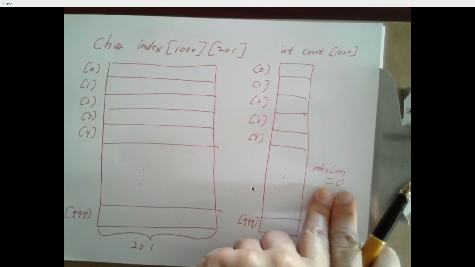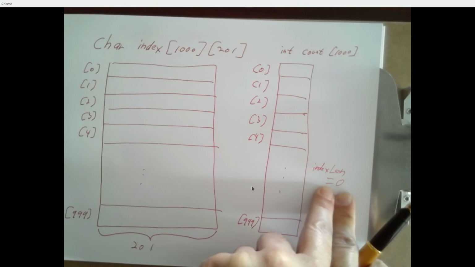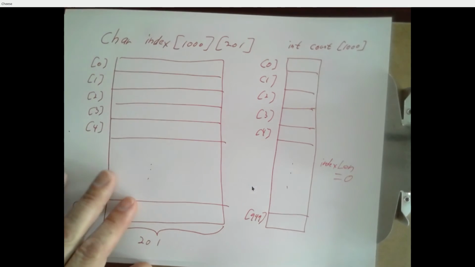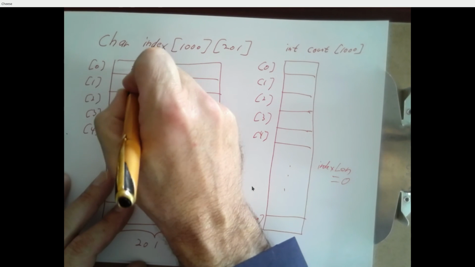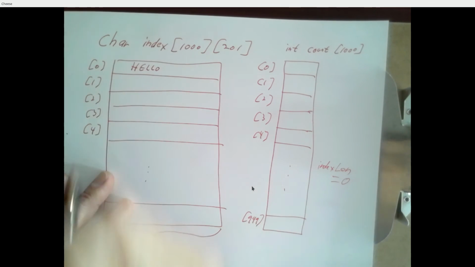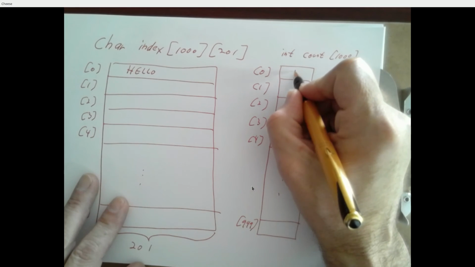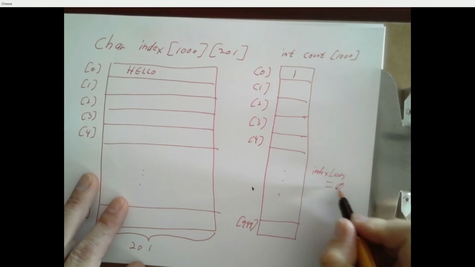This tells me there's nothing in my index. It tells me the next phrase I store should go at location 0. So if I've got the phrase hello and I just called save phrase hello, I look at index length, that's 0. This is where I store hello. And since it's a new phrase, I've seen it exactly once. So I set the corresponding element in my count array to be 1, and I increment index length.